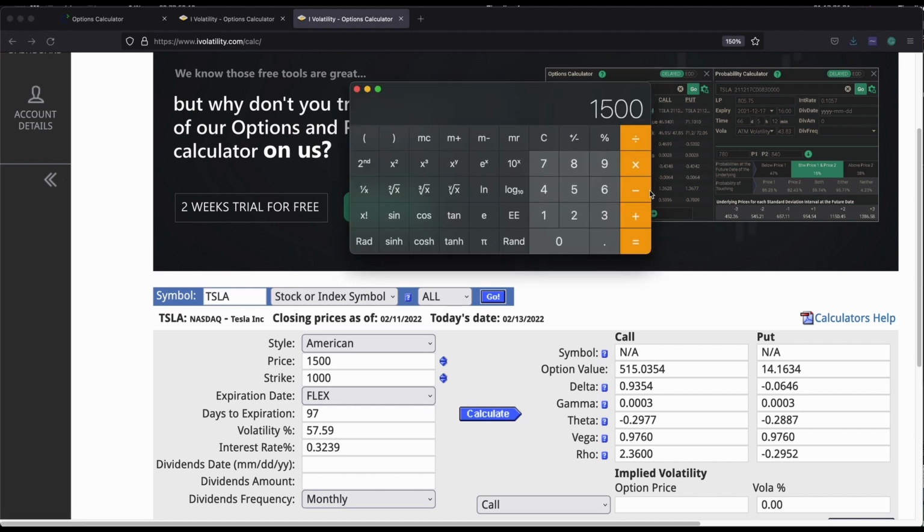Now this is important to understand: if you own a Tesla share and it goes from 860 to 1,500, in that particular case, your gains are roughly around 74%. Since you bought an option and the option call value has gone to 515 from around 170, your gain in this particular case is like 3 times, almost 200% gain.